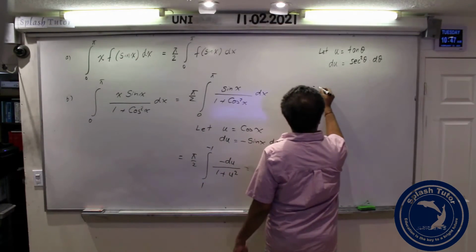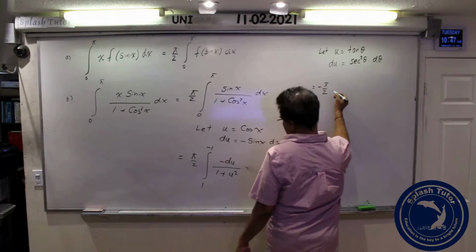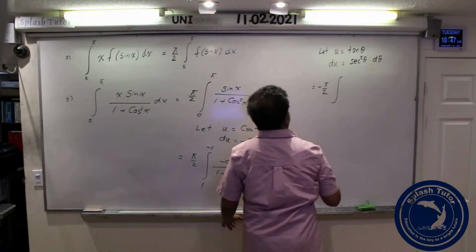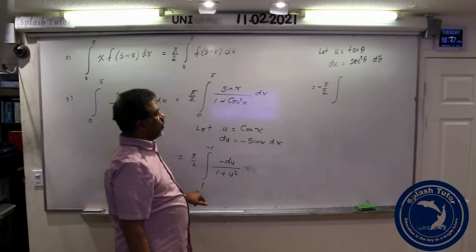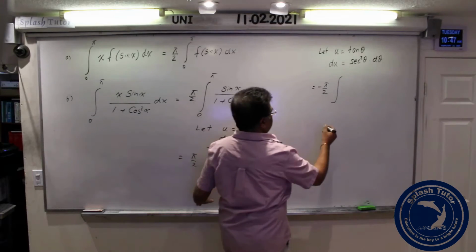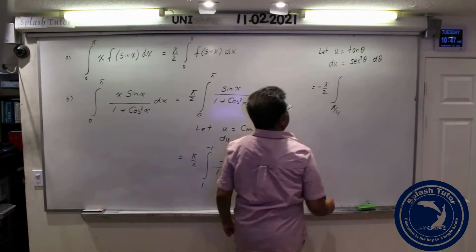Now if you put 1 here, u is equal to 1, then theta should be pi by 4.